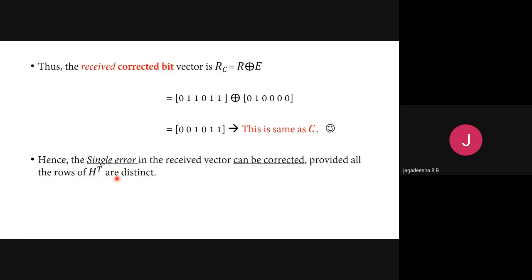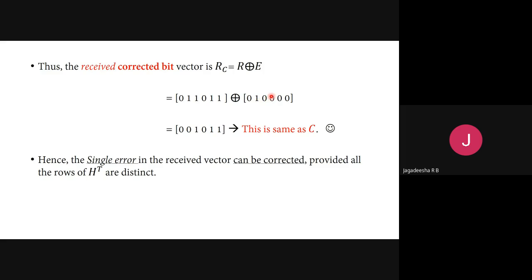Of course, these rows should be distinct, because if two rows are the same, maybe the second and fourth rows, that means the second bit is a problem and the fourth bit is also a problem. That is not possible. Only a single bit error. In this case, error was added in one position, right?